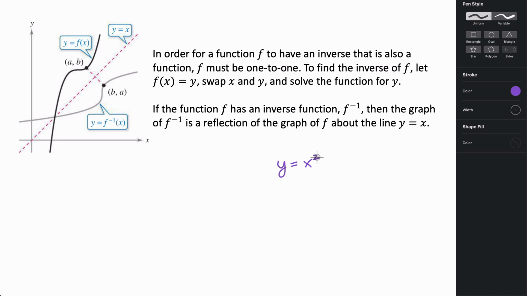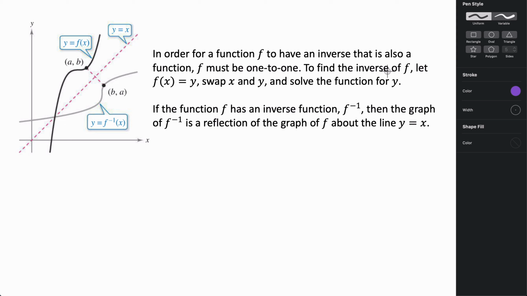This is not a 1-to-1 function because an output of 4, when y is 4, means that x could have been either 2 or -2. If I plug in an input of 2 or -2, I get an output of 4. So in order for a function to be 1-to-1, only one unique input can give me a single output. And similarly, it must be a function, so every input has to have one unique output as well.